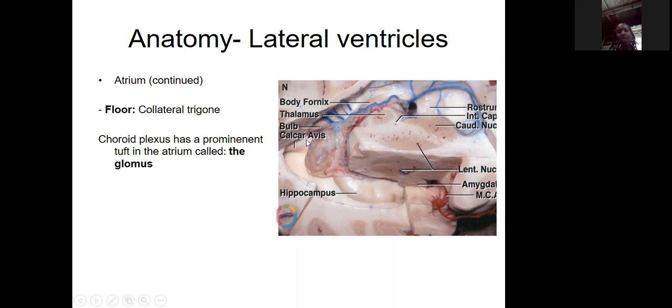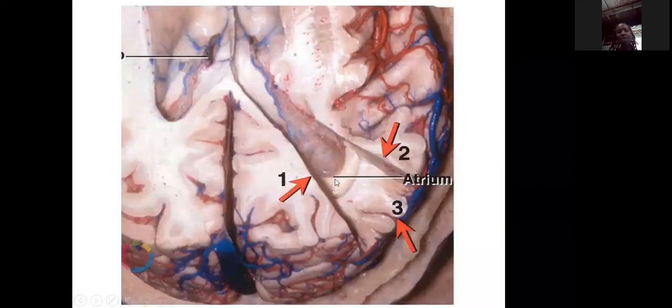And then here we have the calcar avis, the inferolateral prominence of the medial wall of the atrium. We have the hippocampus, which is part of the limiting structures of the temporal horn. And then here we see again the atrium with the glomus, the prominent structure of the choroid plexus, and then the atrium right here.